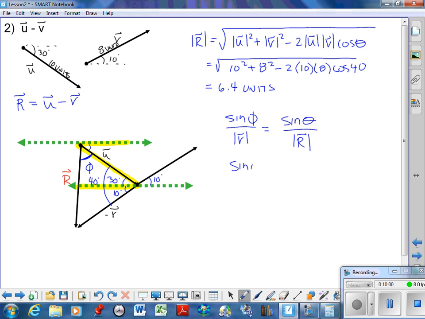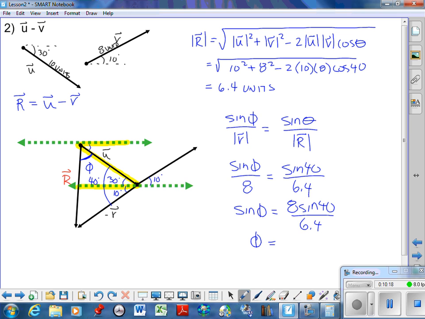So sine phi over 8 units equals sine of 40 degrees over 6.4, which we just found. Solving for phi, we get it to this stage. Using your calculator at this point, I get 8.4 degrees.